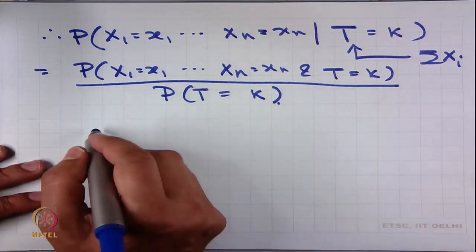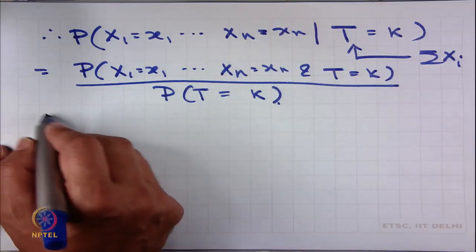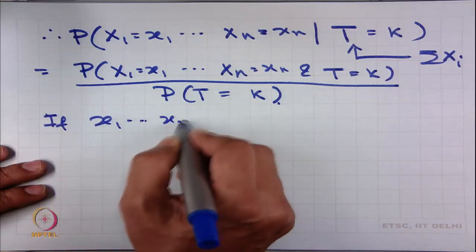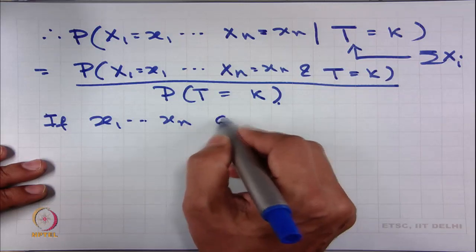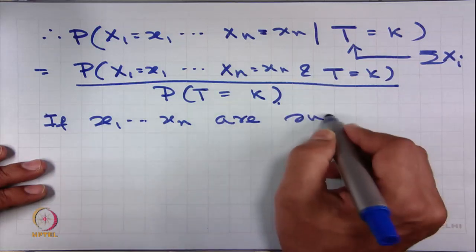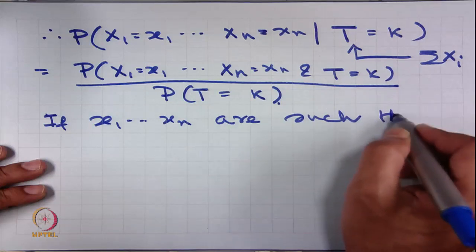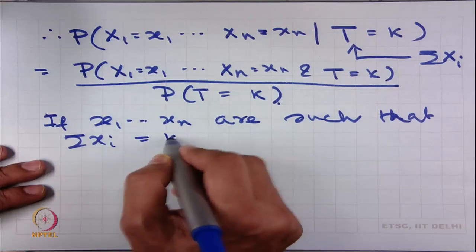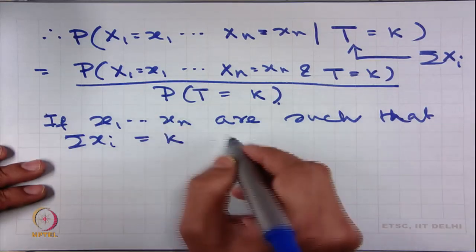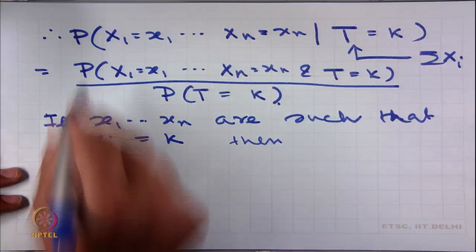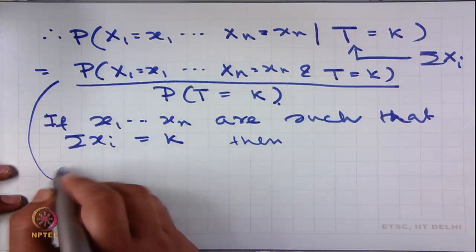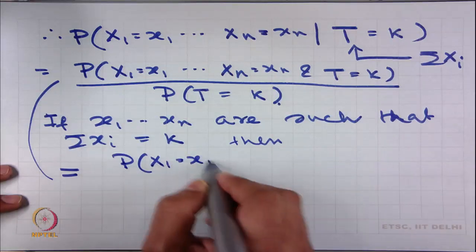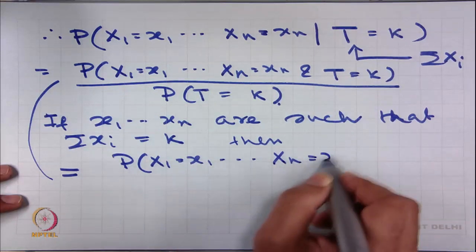What is this quantity? If x1, x2, xn are such that sigma xi is equal to k, then the above is the probability that X1 is equal to x1, Xn is equal to xn.